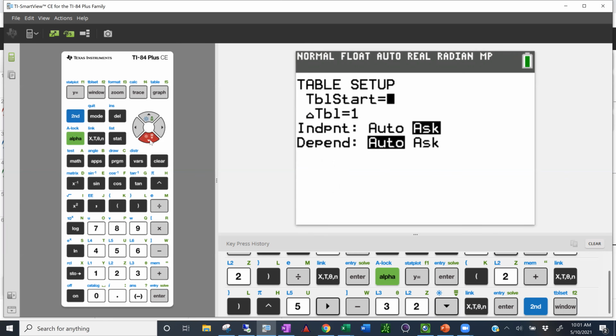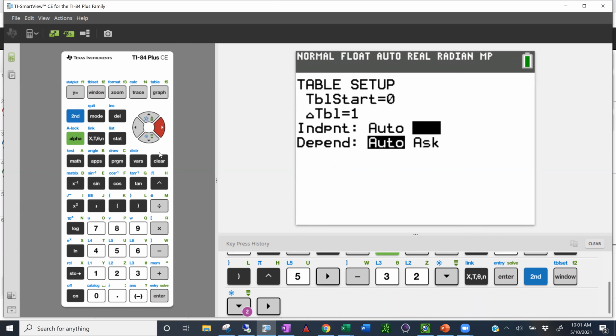So scroll down a couple, go over here to ask and press enter if it's not already highlighted in black. Dependent should be set to auto. What this is going to do is allow you to type in whatever values of x that you want when you create your tables, and that's a good thing. Leave it set here for the rest of your life, or at least the rest of this course, whichever comes first.